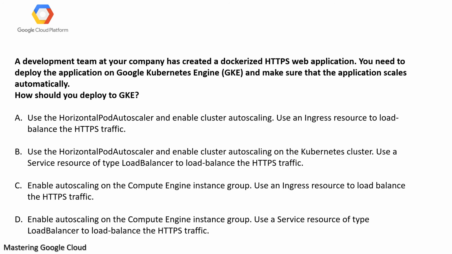And option A, which seems to be the right choice, use the horizontal pod autoscaler and enable cluster autoscaling. Use an ingress resource to load balance the HTTPS traffic. Please refer to the networking section where we have different types of load balancing services and how we use ingress resources to load balance the HTTPS traffic.